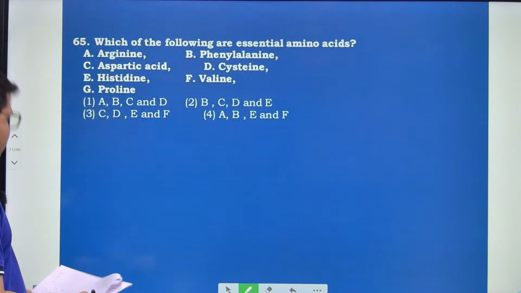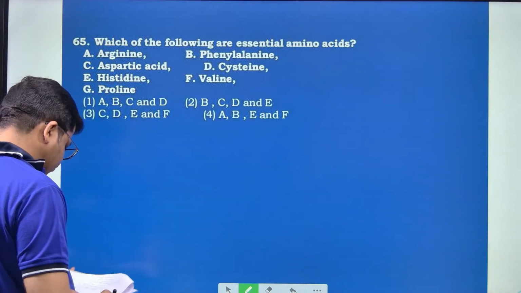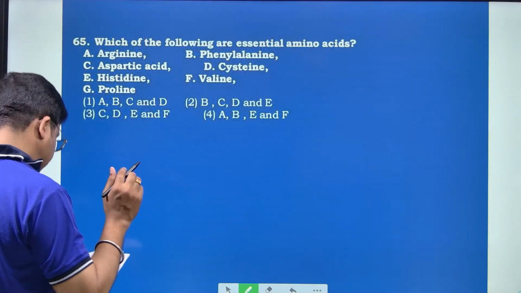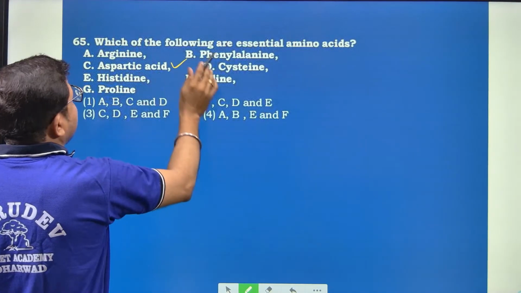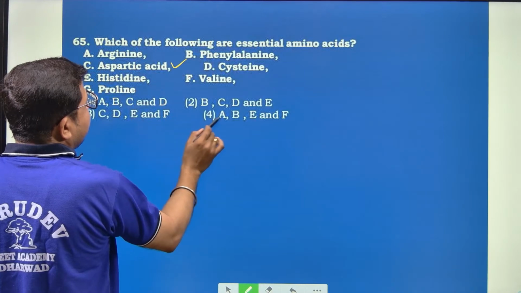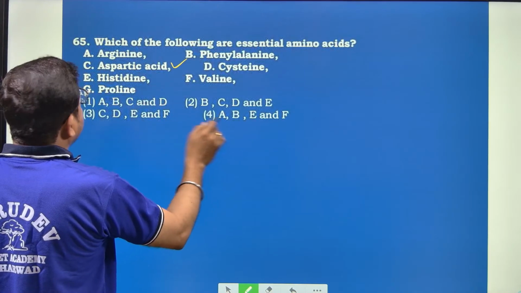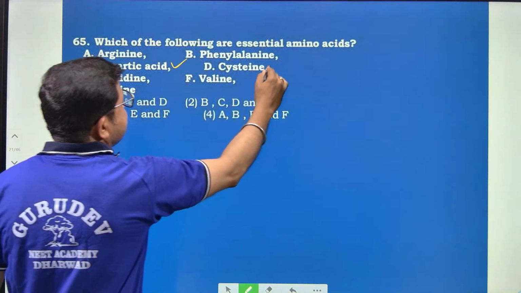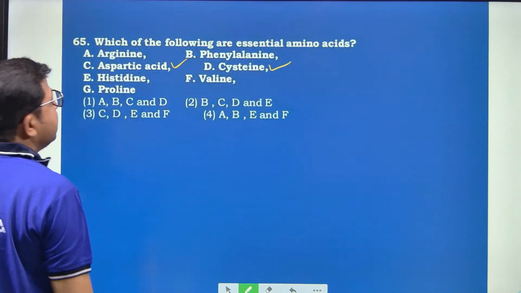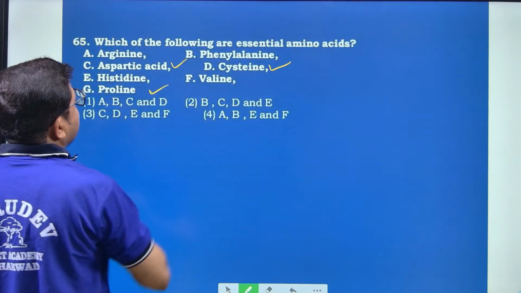Look at the things here: aspartic acid, cysteine, and proline.